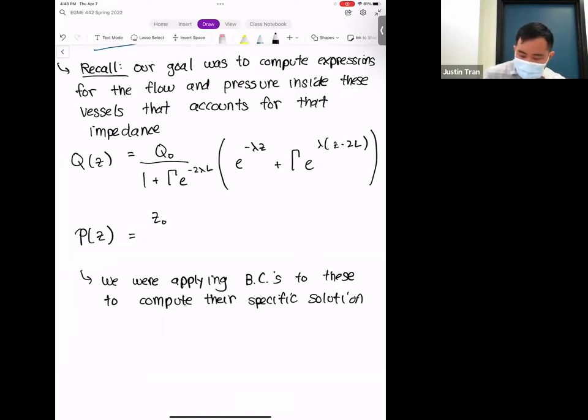P of Z is going to be Z naught times Q naught. Remember, Z naught is our characteristic impedance, the impedance of the vessel that we're looking at.